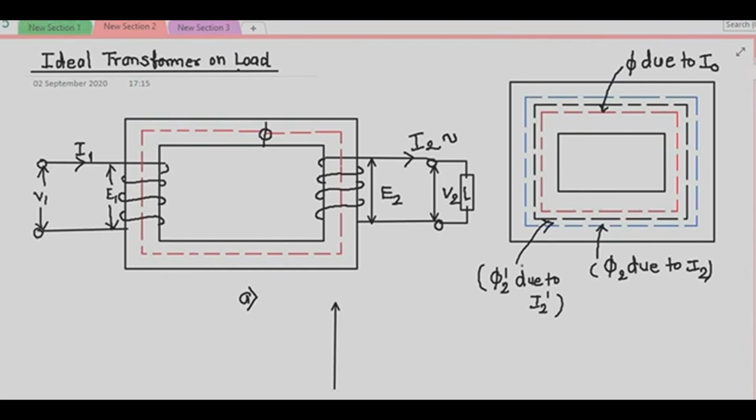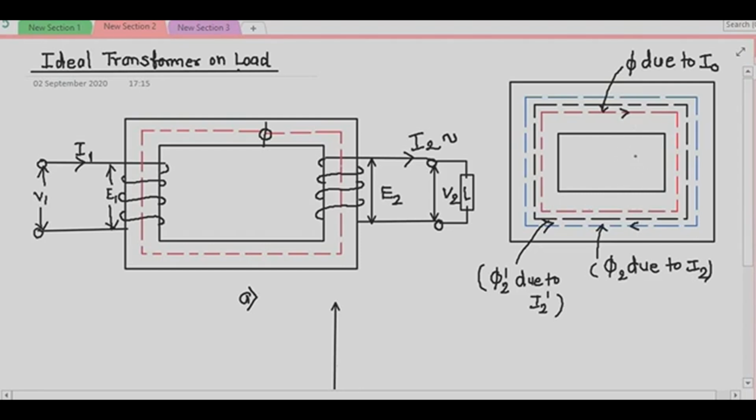Initially only phi is there. Now my phi 2 will be in this direction and phi will be in this direction. So both fluxes are opposing each other.